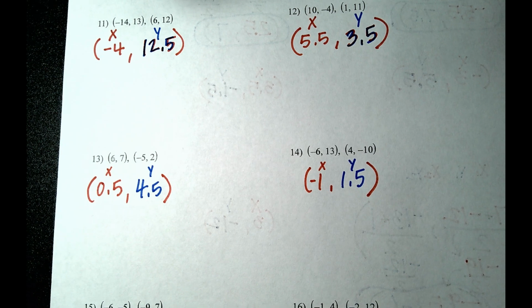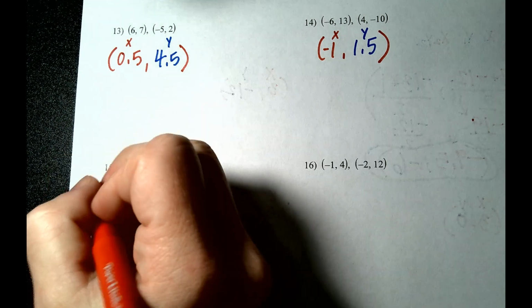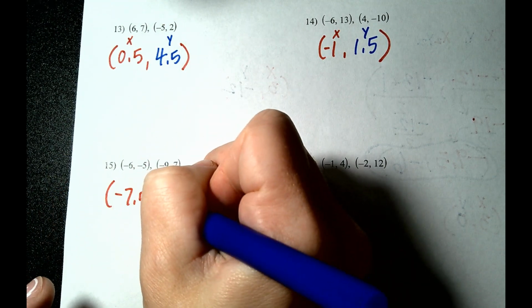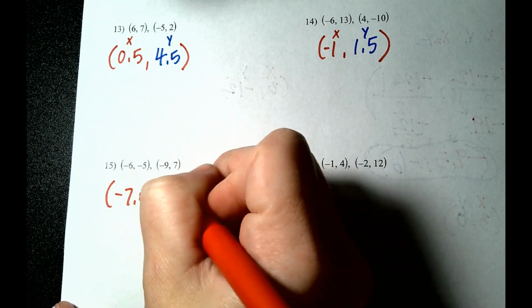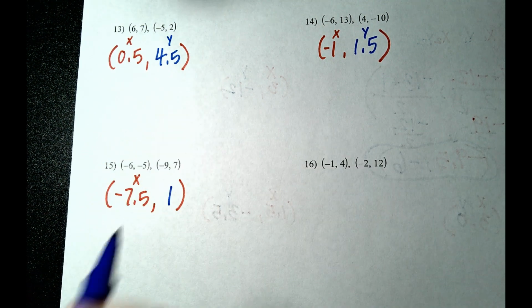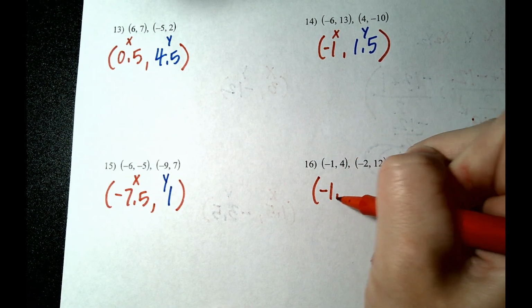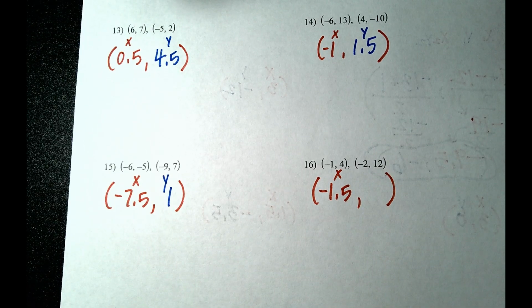Okay. Number 15, the x value, negative 7.5. And the y value is 1. Okay, and last but not least, number 16, the x value is negative 1.5. And the y is 8.